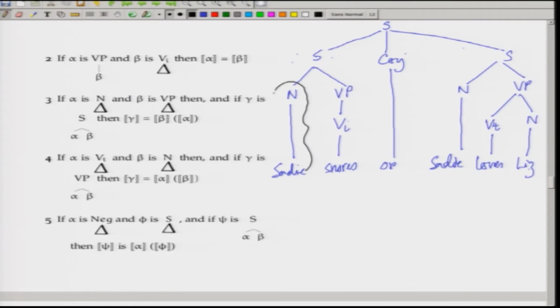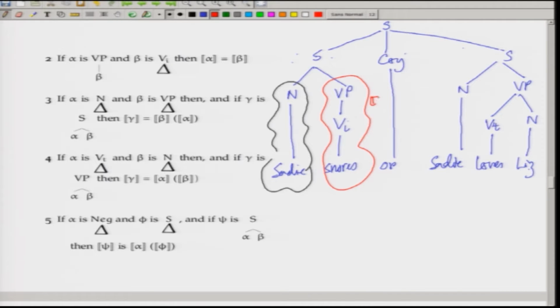So, in the previous session, we stopped after calculating the truth value, the reference of this branch and this branch, and we realized that the entire branch has this reference.